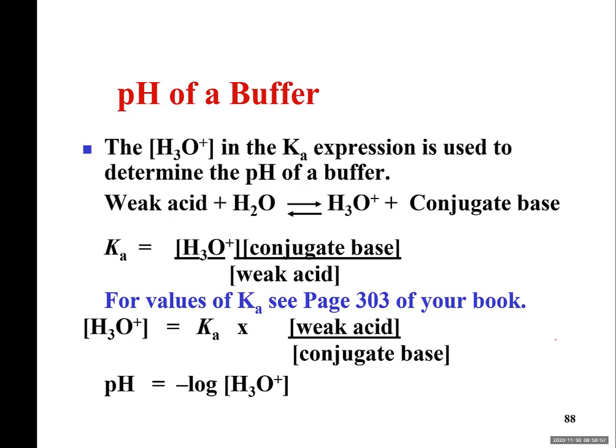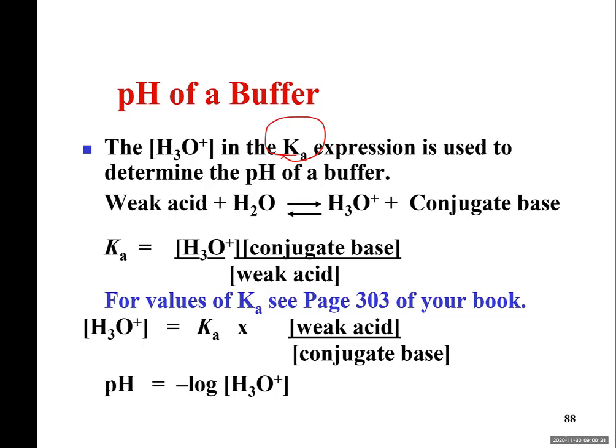How do we make a buffer of varieties of fixed pH? How do we do that? So we are going to use this concept of equilibrium constant, which we discussed in chapter 6.